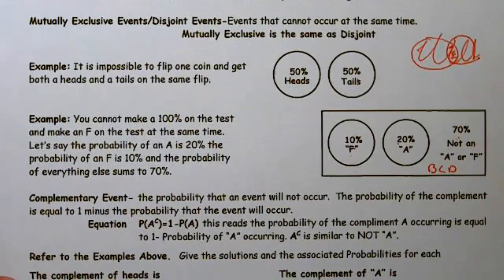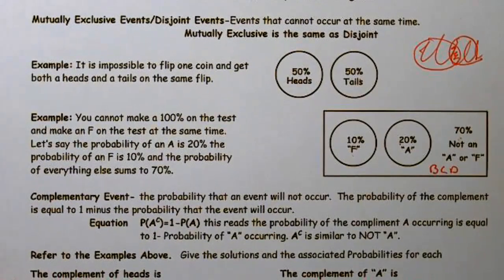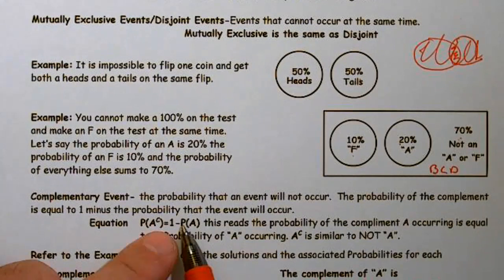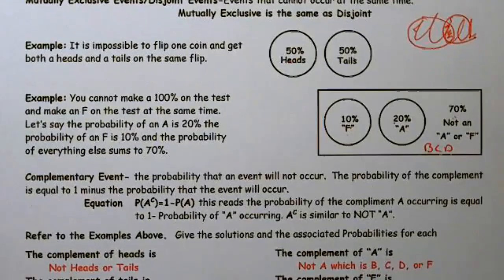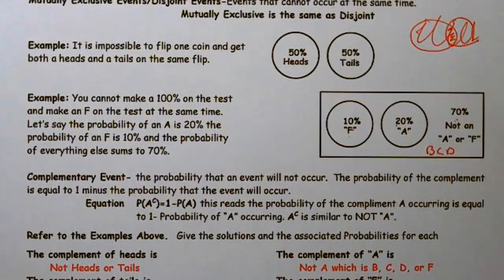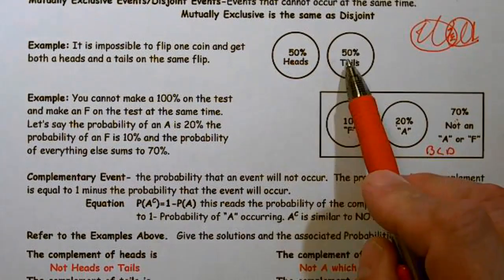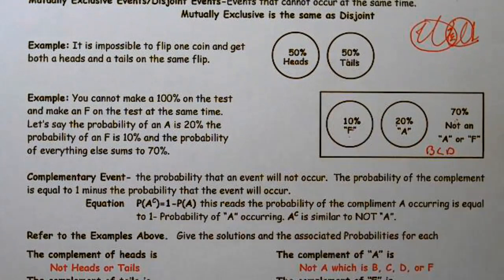In a prior video, we talked about complementary events. And the complement of an event is 1 minus the probability, okay? So for example, the complement of heads would be tails, or in other words, not heads. So not heads, or equivalently, we could have said tails.